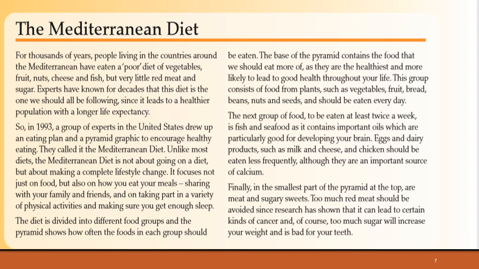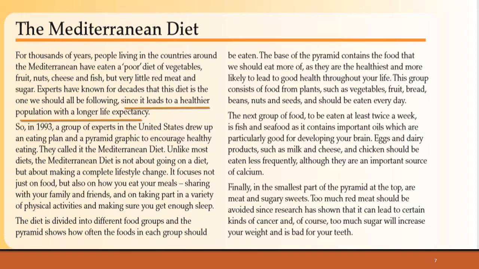Okay, let's check together. Let's have a look at the first paragraph. Do you have since or as in the first paragraph? Yes. Where is it? Which line? Exactly, line number 5. Since it leads to a healthier population with a longer life expectancy.